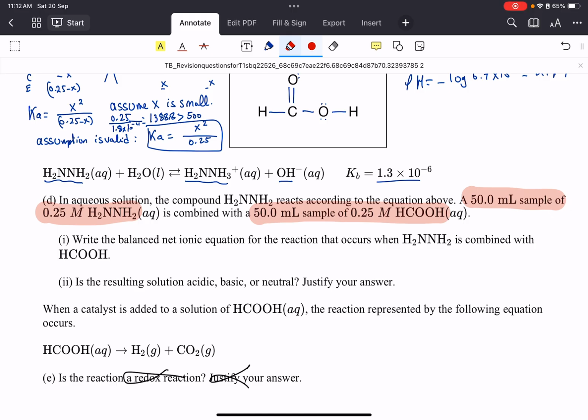So here in this equation, they're just showing us that this is a weak base that ionizes. But then they told us we added this to this one. Write the balanced net ionic equation for the reaction that occurs between this and this one.